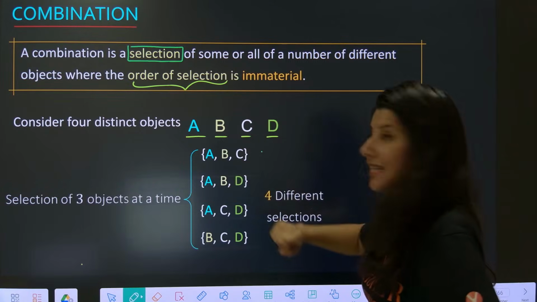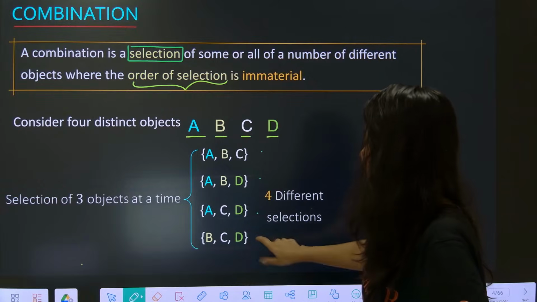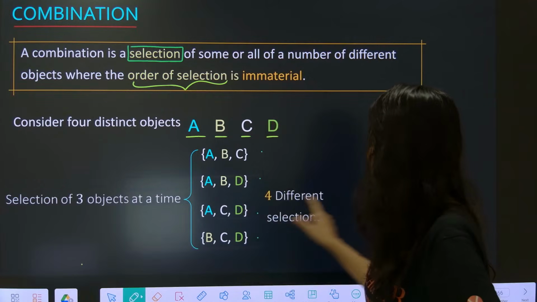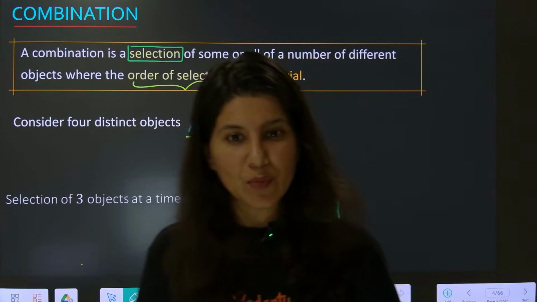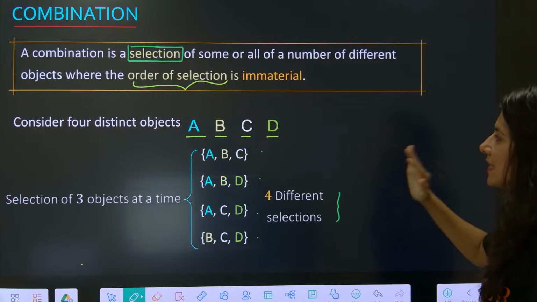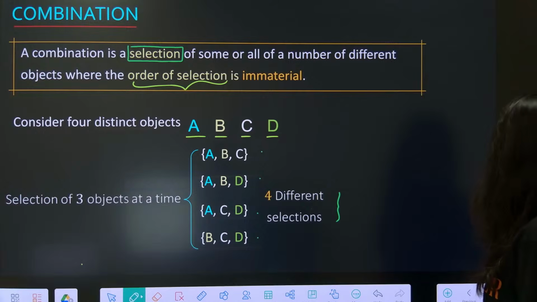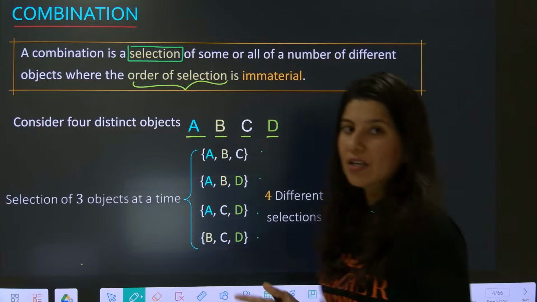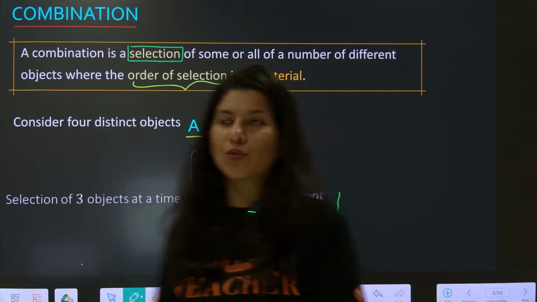So here D is rejected, here C is rejected, here B is rejected, and here A is rejected. Can you see 4 different selections? So in 4 ways, you can select 3 things out of 4 things.